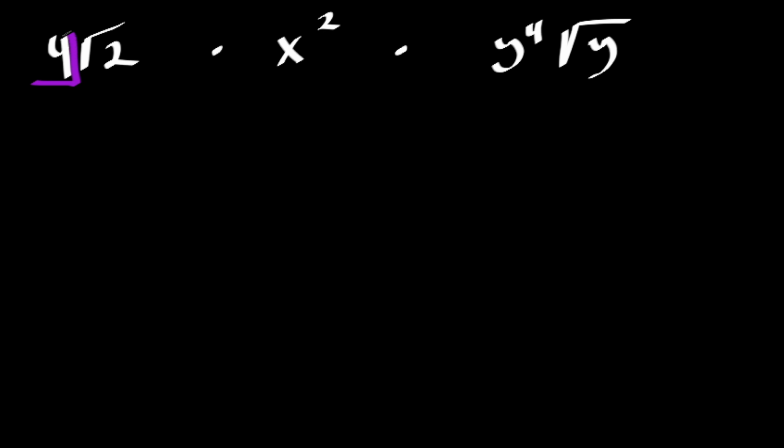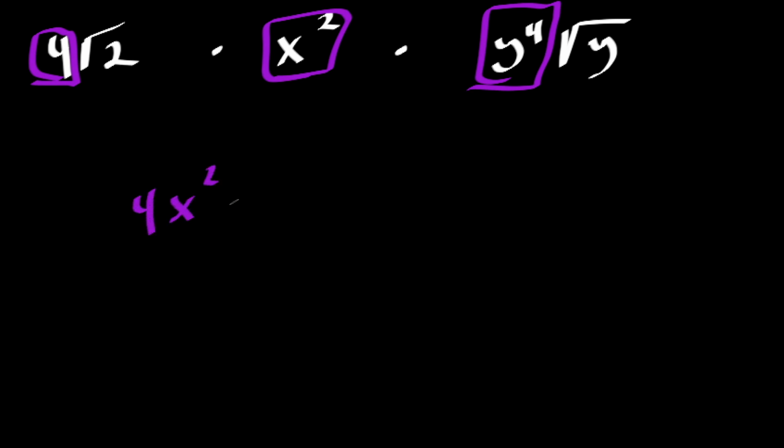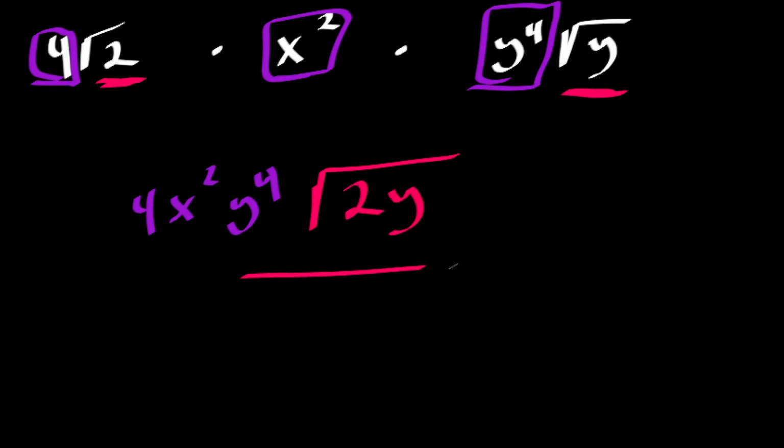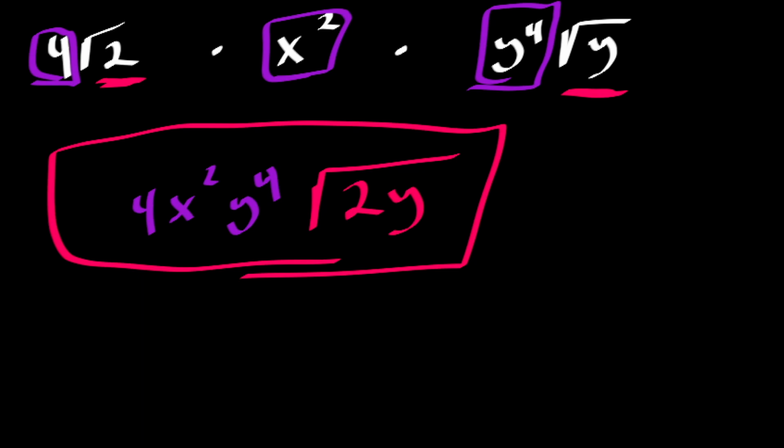So everything that's already on the outside is just going to multiply and stay on the outside. So the outside of our answer is going to be 4x to the 2nd, y to the 4th. That's everything that we took out of a square root. What's left in the square root is going to be the square root of 2 and the square root of y. So inside of our square root, we just have 2 times y, which is 2y. And that would be our answer.